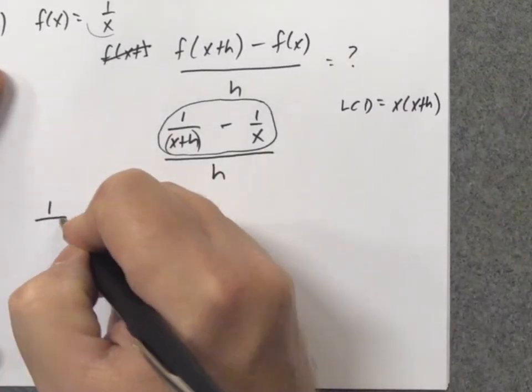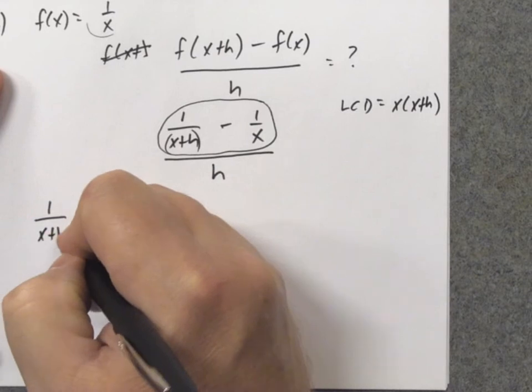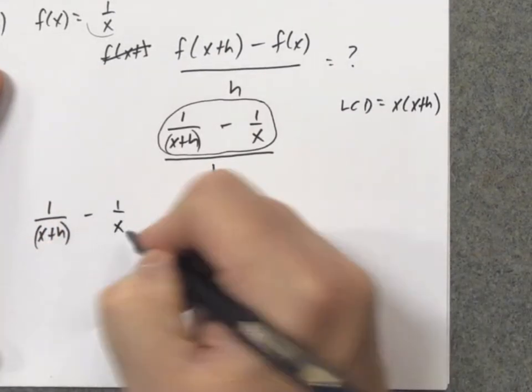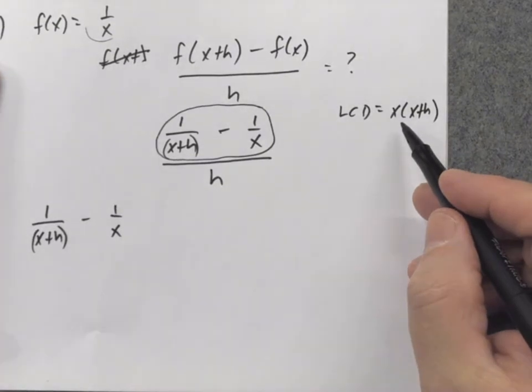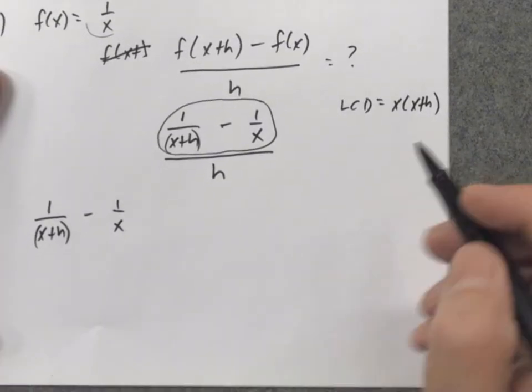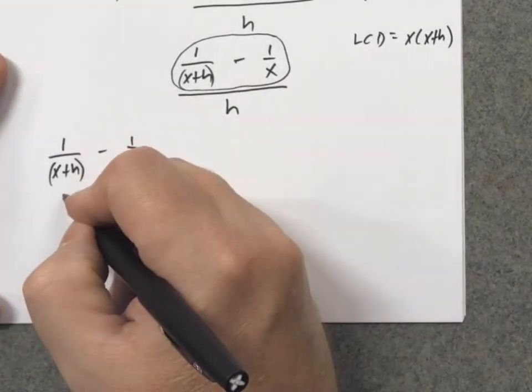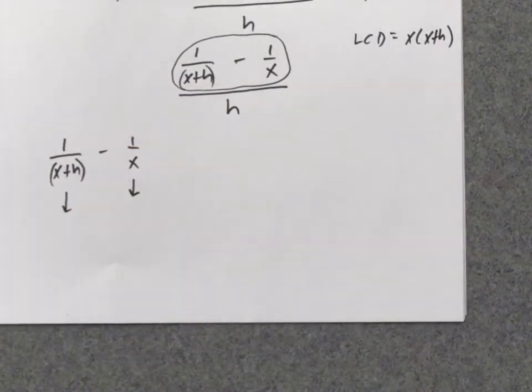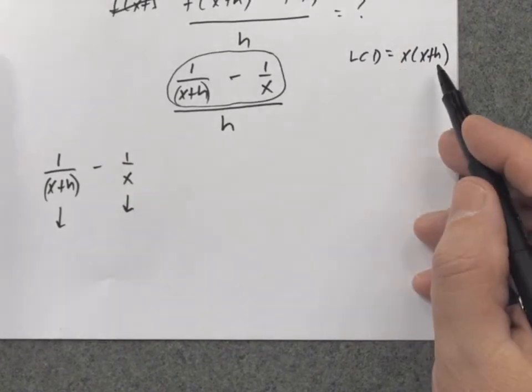So let's just do that separately. Since my LCD is going to be x times x plus h, I need to convert both these fractions to where they have the common denominator, this LCD.